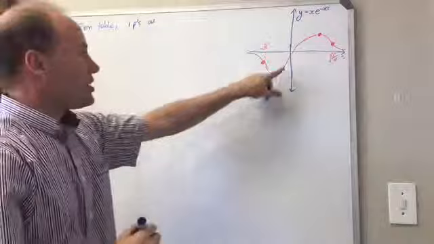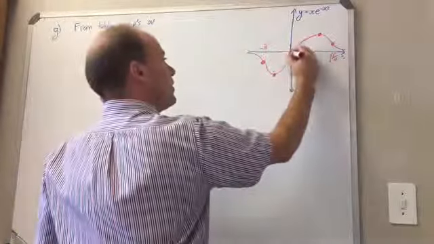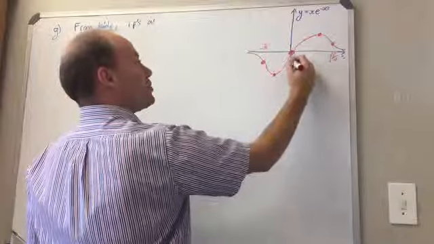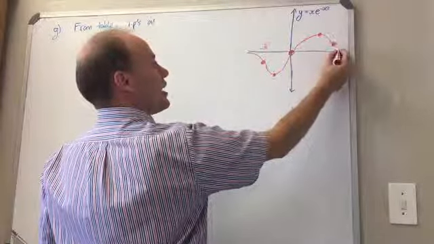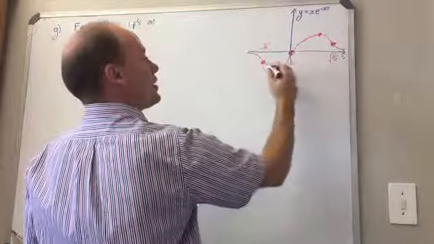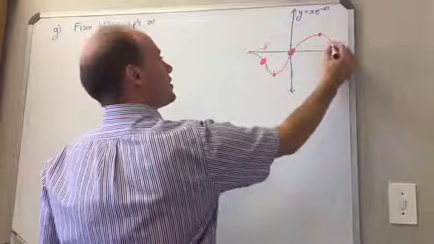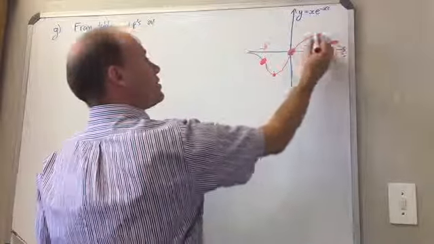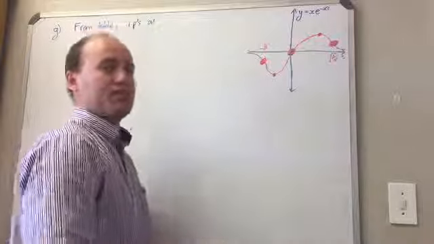And then the concavity changed again at this point here, from concave up to concave down. And then over here again it changed from concave down to concave up. So there's 3 points of inflection, which I've drawn as big red circles. These other circles are the relative minimum and maximum, which have nothing to do with points of inflection.